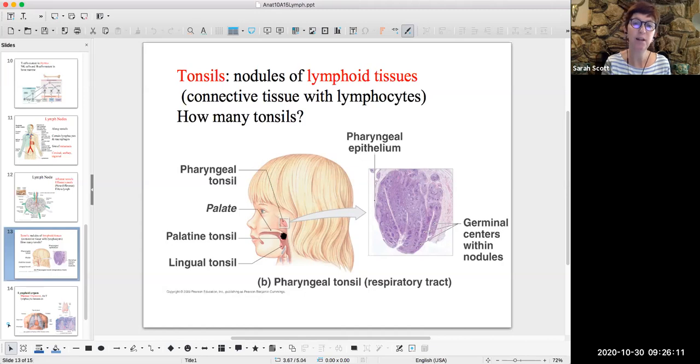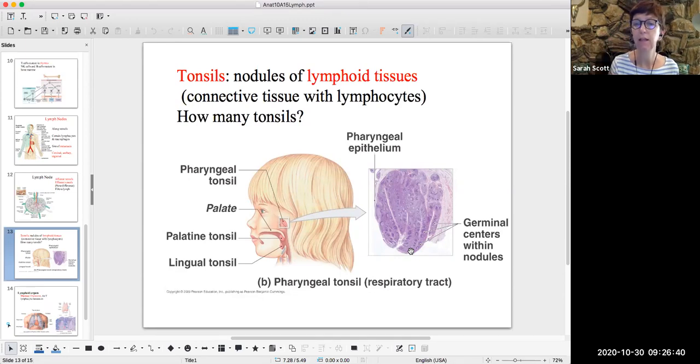So if you eat something or you get an infection in the mouth, that's going to produce antigens that the lymphocytes can react to. If you've ever had strep throat, for example, that's an infection that starts in the mouth or throat, and that's going to cause swelling of the tonsils because they fill up with lymphocytes to attack that antigen.